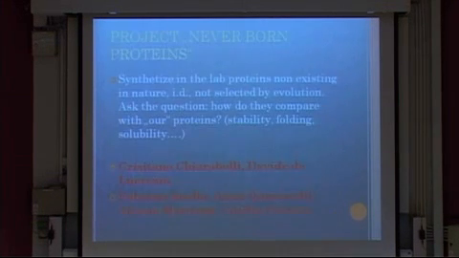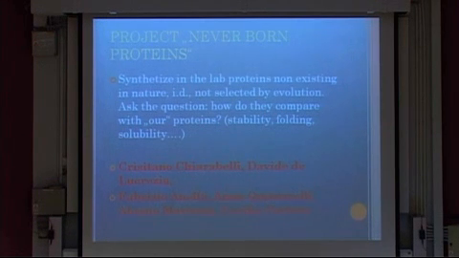Now, in the case of proteins, let's try to approach this kind of philosophical question in a very experimental way. Let's make in the lab a library of proteins which do not exist in nature, the ones that we call the never-born proteins, as evolution never had the time or the will to make them.